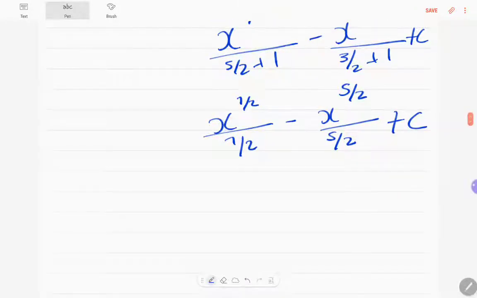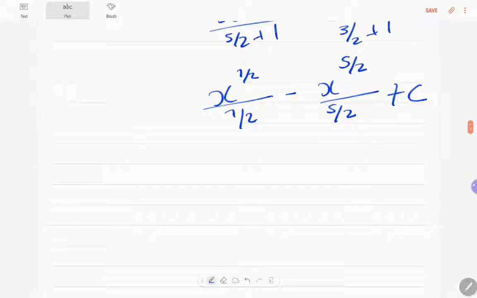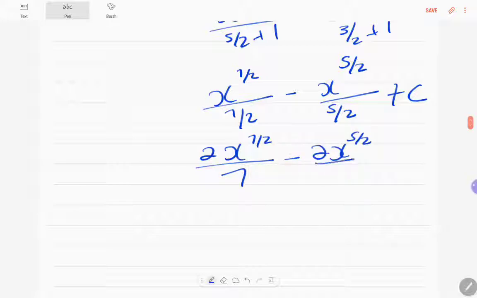plus c. So at the end, 1 divided by 7 over 2, you will have 2 into x to the 7 over 2 all over 7, minus 2 x to the 5 over 2 all over 5, plus c.